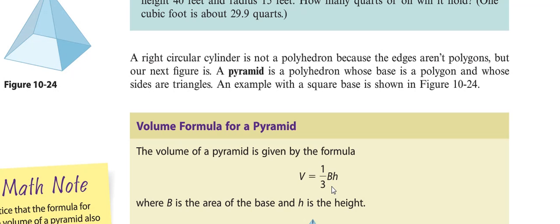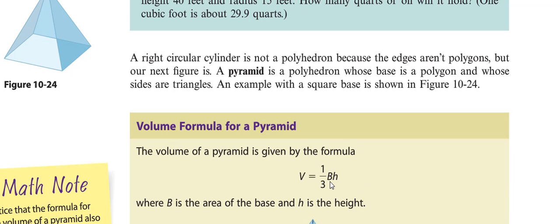Big B stands for the area of the base. So if you look at figure 10.14, you have a rectangle, and the area of the base would be the formula for the area of a rectangle. And the area of the base would be L times W. So that's what you have to do to get big B. Big B equals L times W.